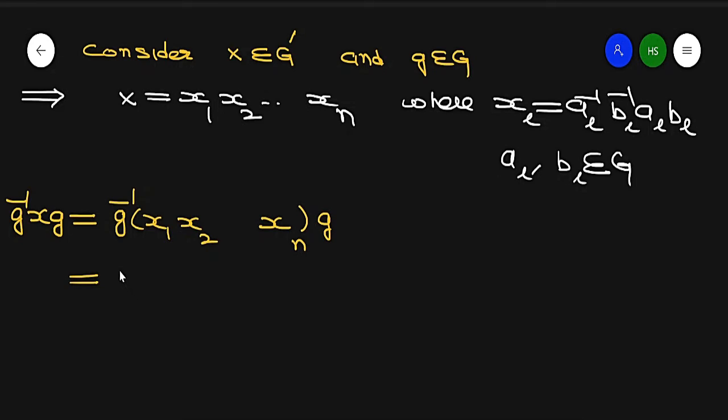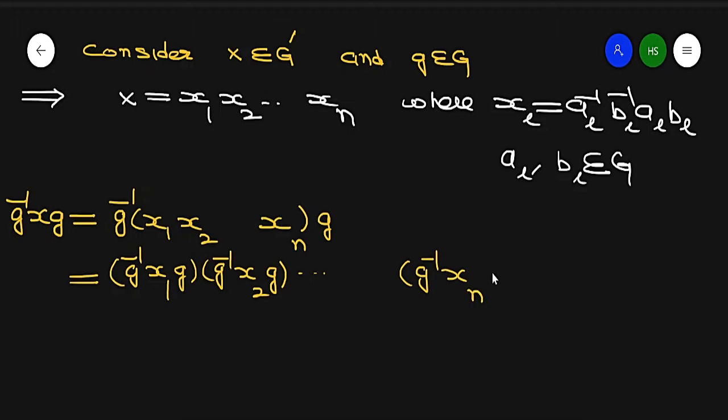This value is equal to g inverse x1, and at this place I write identity g inverse g, which is equal to g inverse x1 g, g inverse x2 g, and so on up to g inverse xn g.